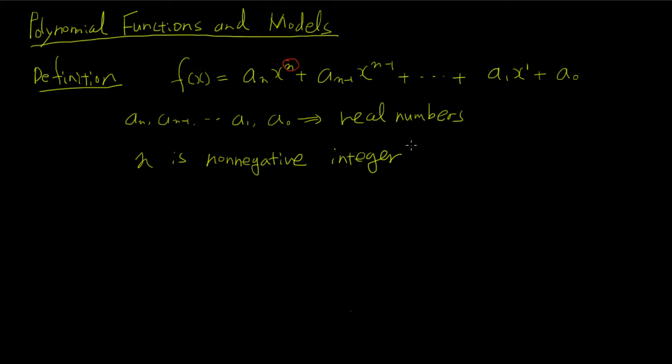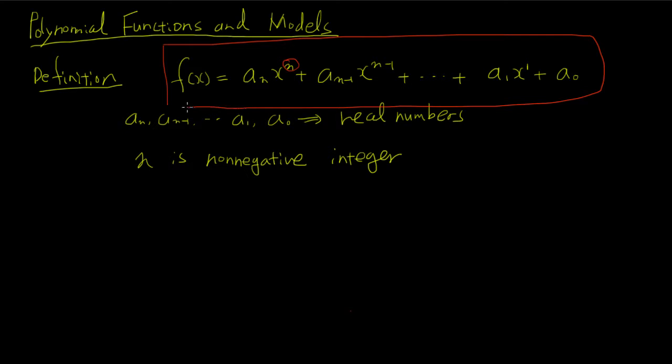So what do they mean by non-negative integer? Well, they are saying it's not negative, and it can also be equal to 0 if they want to, right? So this is basically the basic format of what we call a polynomial function.